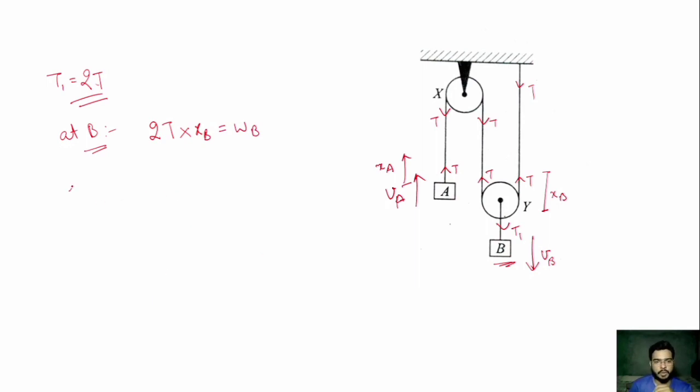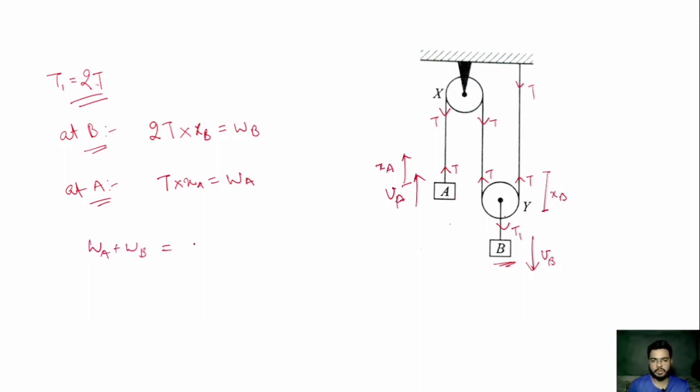Now at A, XA is the displacement and T is the force. Force into displacement means WA is the work done. Now just add all the work done. We have seen that the work done by the massless string is equal to 0.